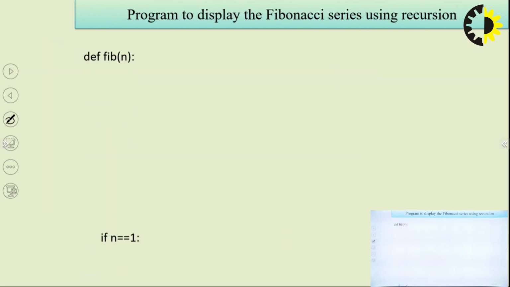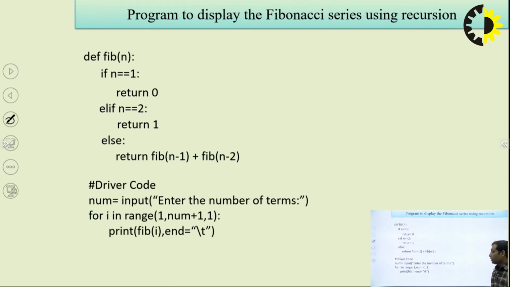Now we see the complete program. This is a driver code. Enter the number of terms, how many terms we want to get, and we want to print the series. This function is used to calculate the value of a particular term number.